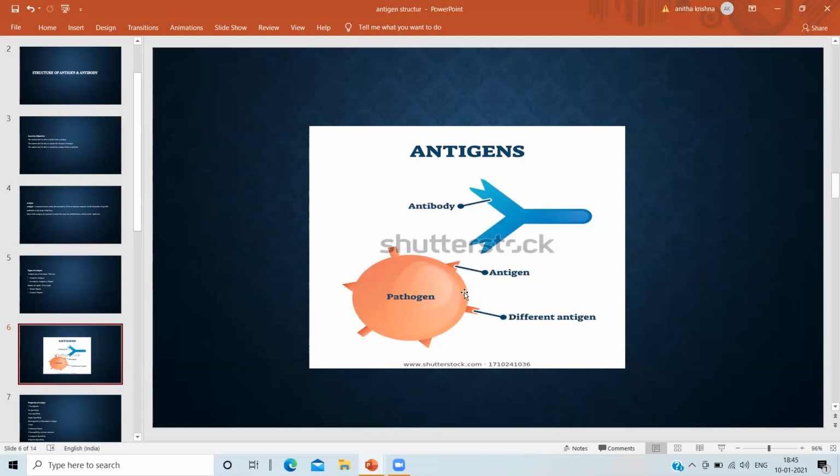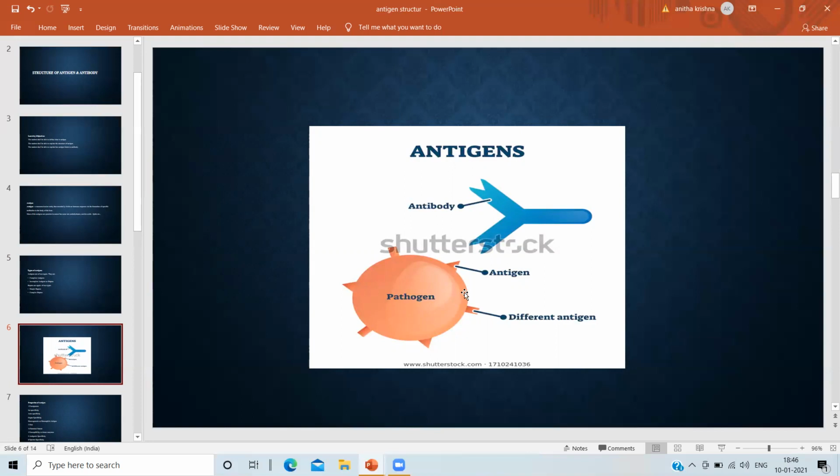So as we said, you have complete antigens and incomplete antigens. As we are saying, an antigen is a chemical substance and it contains several epitopes, and these epitopes differ in their specificity, and the number of epitopes on an antigen is referred to as valency.